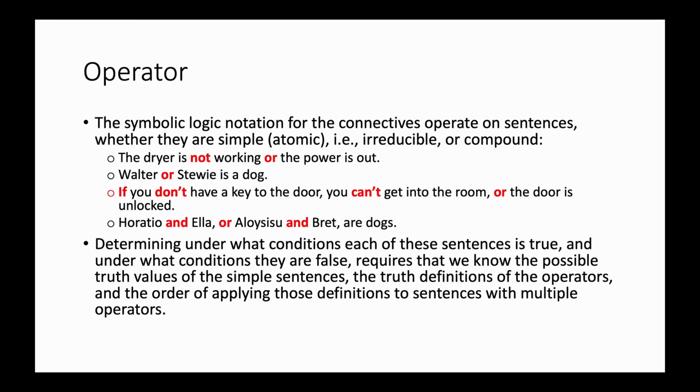So determining under what conditions each of these sentences is true and under what conditions they are false requires that we know the possible truth values of the simple or atomic sentences, along with the truth definitions of the operators and the order of applying those definitions to sentences with multiple operators.